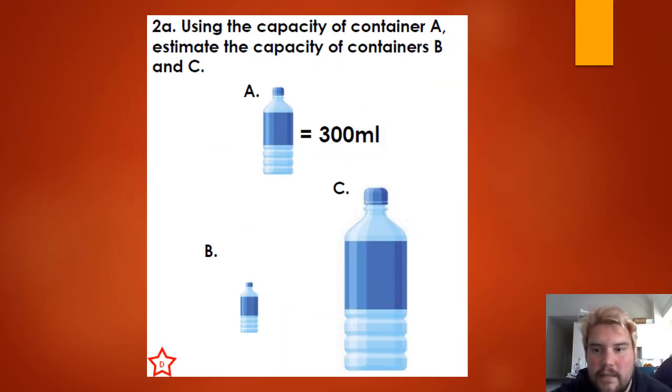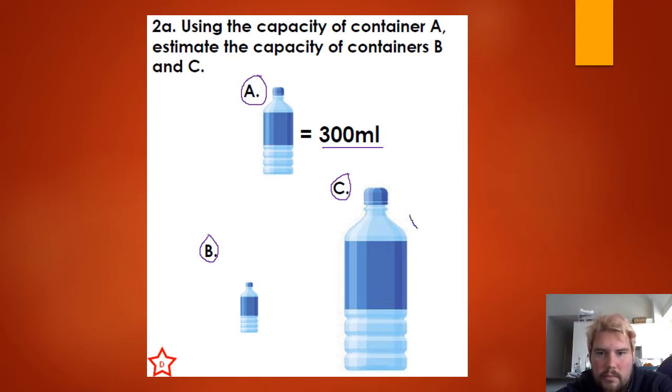2a, now this gets a little bit trickier. 2a is looking at the capacity of container A, container B and container C. Now, they've given us the capacity of container A, 300 milliliters. I think the easiest starting point here is to go from A to C. So I believe that C is probably about 3, 4, yeah, maybe 4 times bigger than A. So I think that's fairly logical.